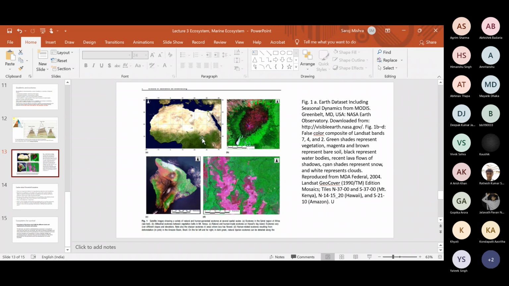This is a natural ecotone, but what you are looking at in this slide is a man-made ecotone. Why? Because this is a picture of the Amazon forest, and normally it should all have been green, because in the Amazon forest, which is in South America, you have only forests. So it should have looked green. But the purple zone indicates deforestation activity.